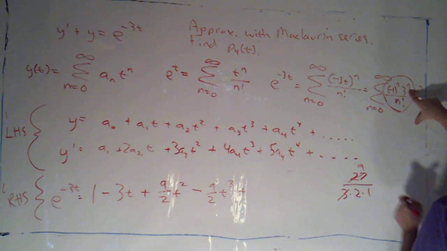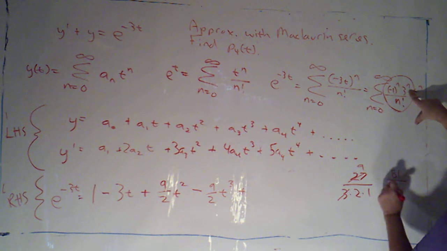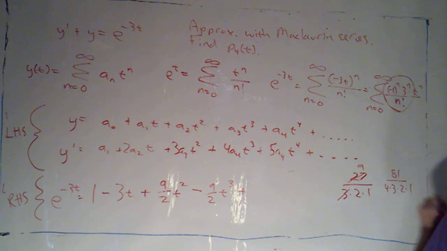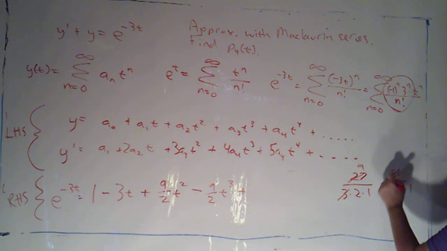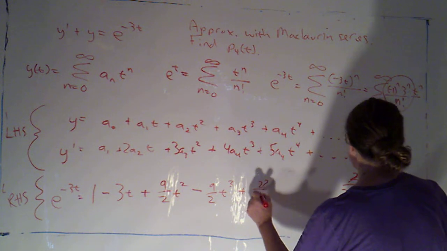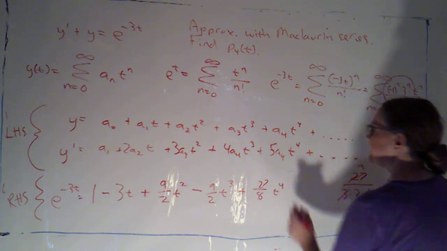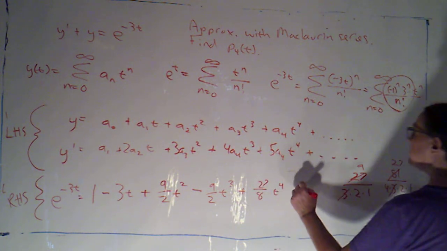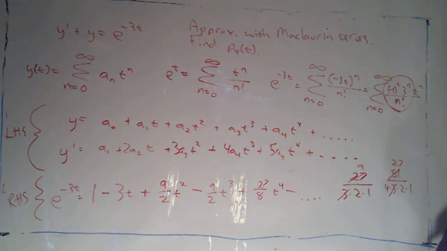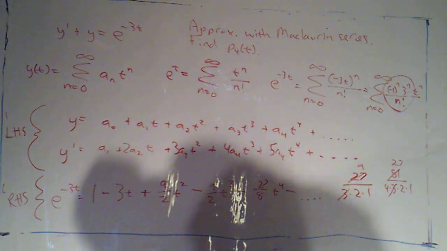We're going to have 3 to the 4th, which is 81, over 4 factorial, but that's 4 times 3 times 2 times 1. I can cancel a factor of 3, so that's going to become 27 over 8 t to the 4th. Plus, well, actually the next one will be minus, and then dot, dot, dot. It continues on and on.